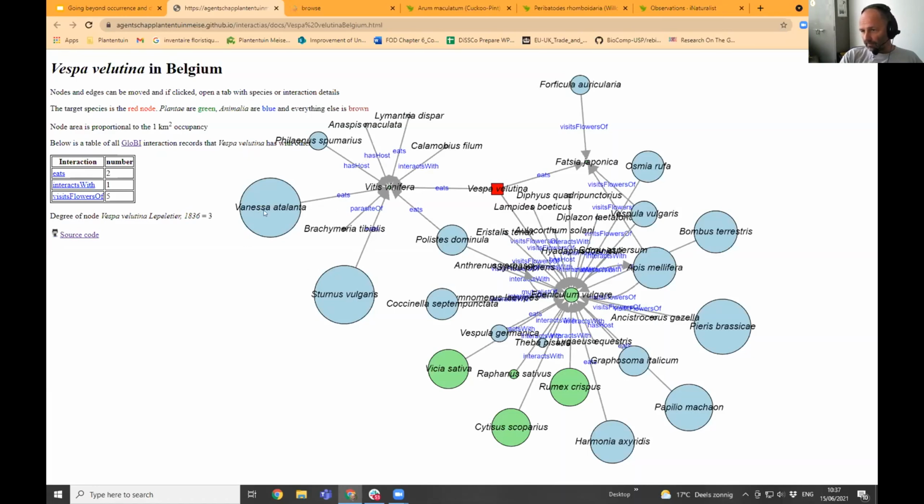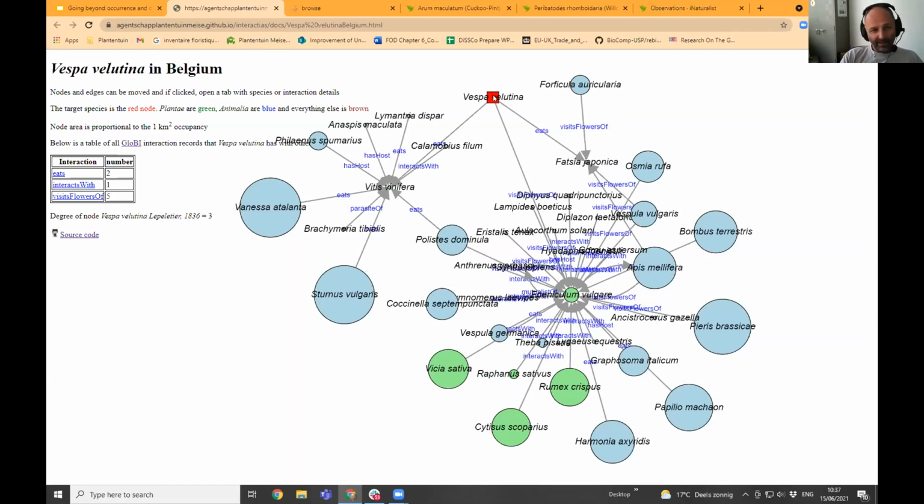So Vanessa atalanta, which is a butterfly, eats, in this case, grapes. It doesn't eat the whole grape. I think it just lands on the grape and sucks juice from damaged grapes, I imagine. I made this particular network of Vespa velutina for 2 reasons.